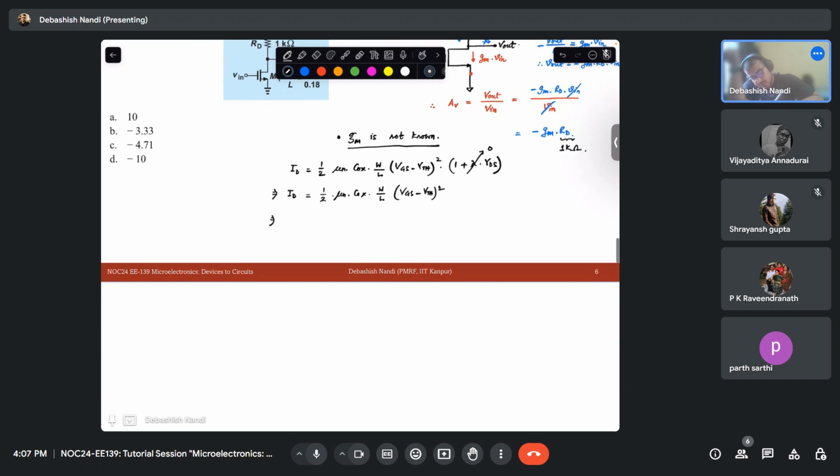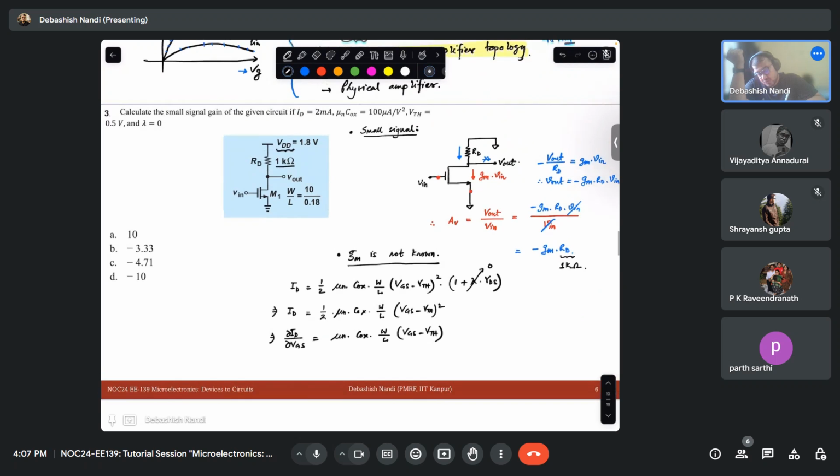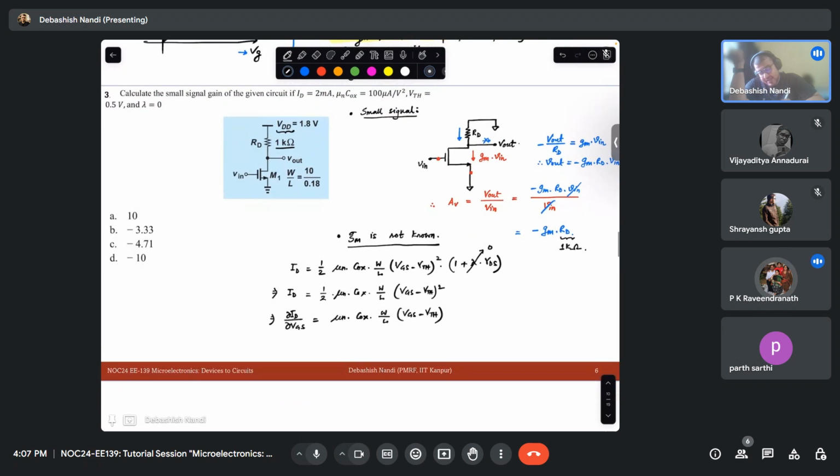So dID by dVG is equal to what? Mu n Cox W by L, VGS minus VTH. So ID is given, right? So this is your GM. GM is mu n Cox W by L, VGS minus VTH. So this is equation 1, this is equation 2.